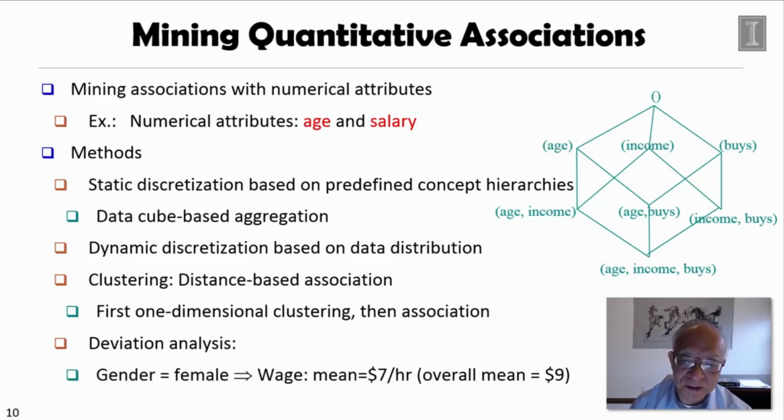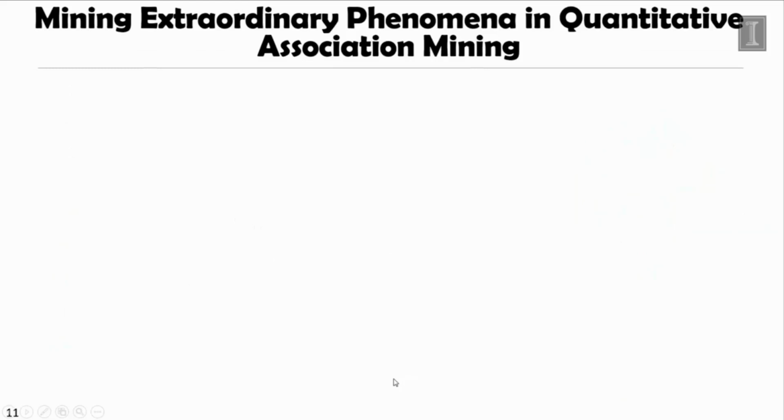That means instead of doing fixed interval, based on certain condition like gender is female, we may find their mean or median, some statistic measure. You will find if the wage mean substantially deviates from the overall mean, then this could be an interesting rule.